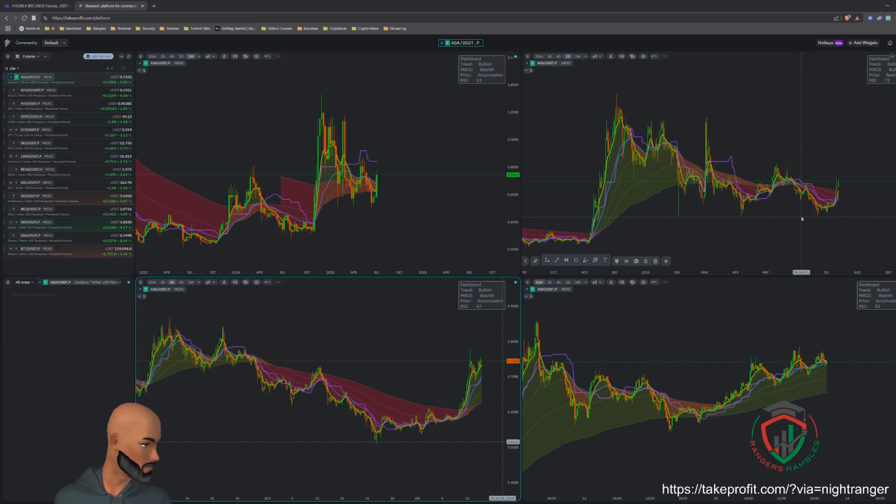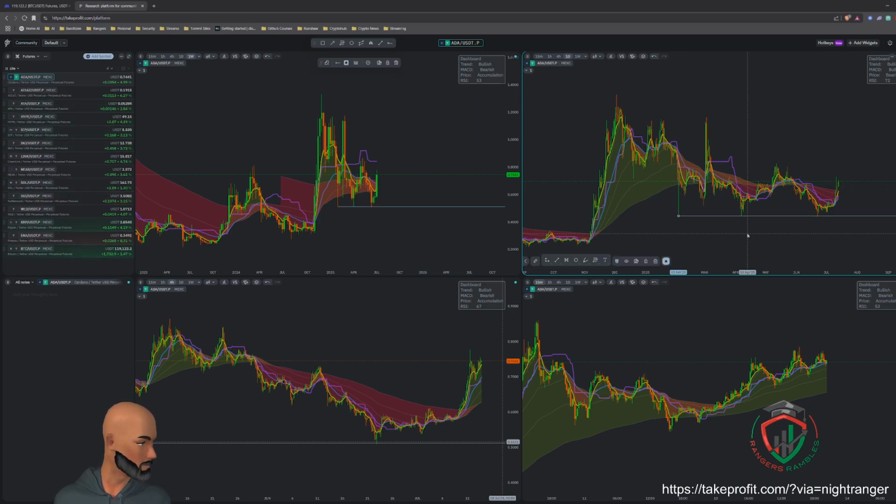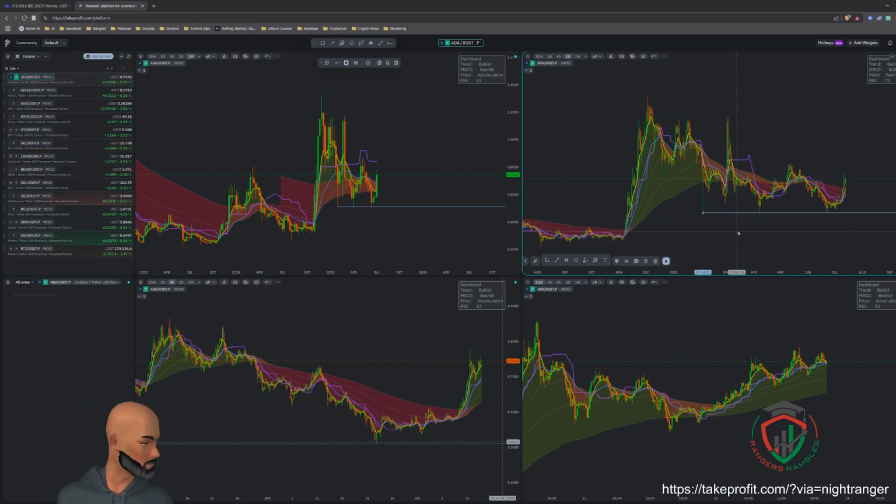Okay, because that also looks like, look, there's a triple bottom right here. That is as clear as day a triple bottom. Oh, no, I want that back up there. The platform is still a little bit janky when using. It's not a problem. You get used to it, and they obviously are working on making it better.